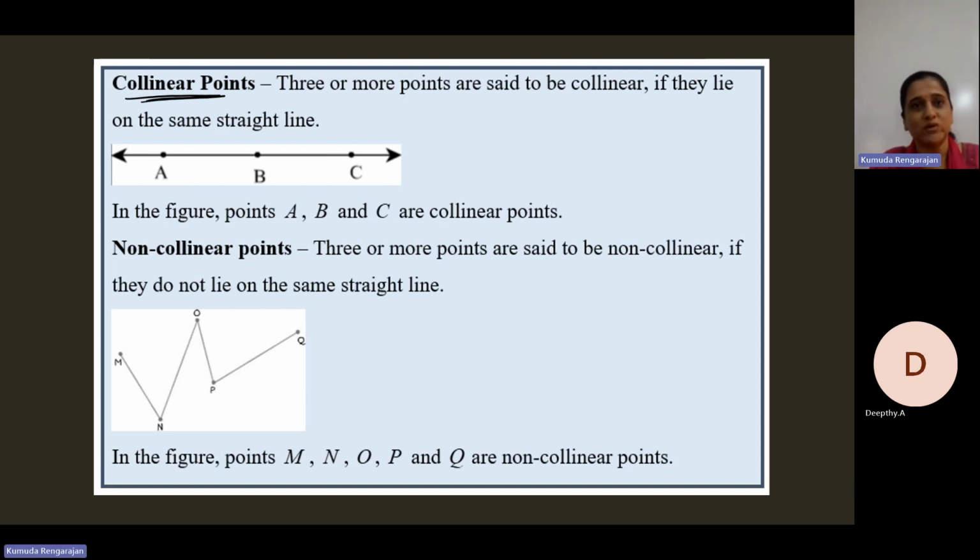See, I sit here and another person, wherever that person sits, here or here or here, we can be connected by the same straight line.